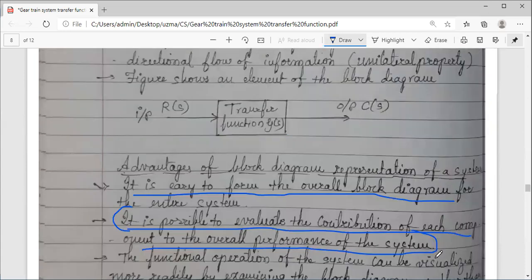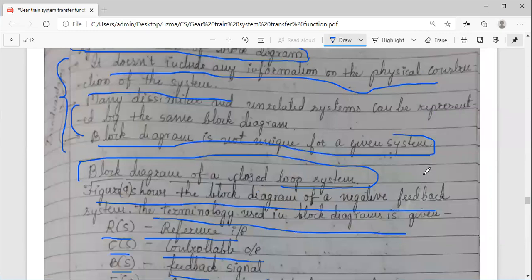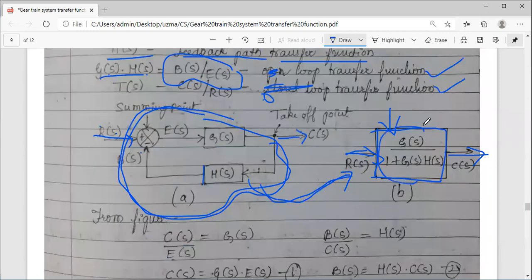So if I have written something in this block, it indicates this is the transfer function of the system. Okay, so whatever transfer function for the system is there, that is entered in these blocks. So this complete system I have represented by a single block. You can see inside that I'm writing the transfer function.